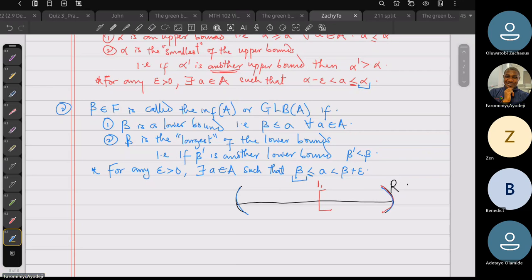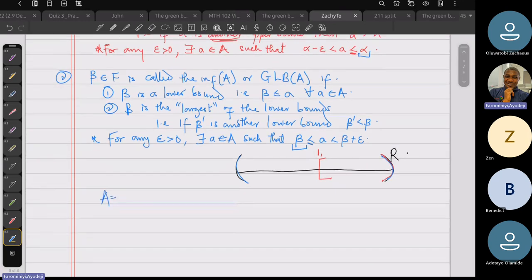Okay? Yes, sir. And the set A of 1 over n for natural numbers n is bounded, because natural numbers are bounded below, of course. The smallest n you can have is 1, right? So you can have 1 over 1.